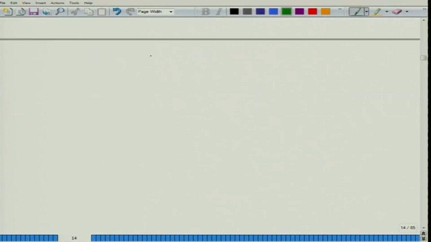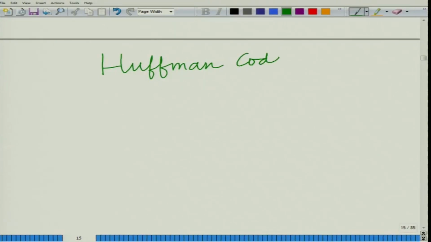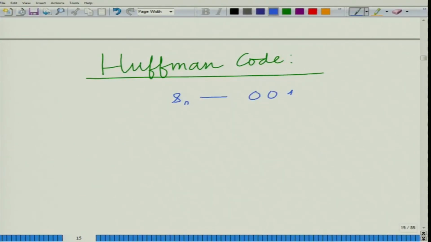So the final Huffman code that has been designed is basically, for S0 we have 0 0 1, for S1 we have 2 bits 1 1.